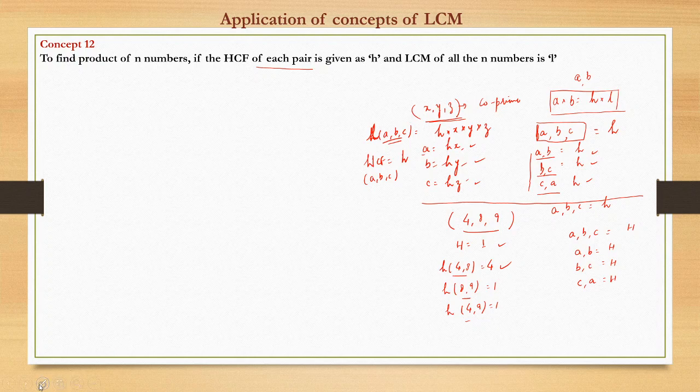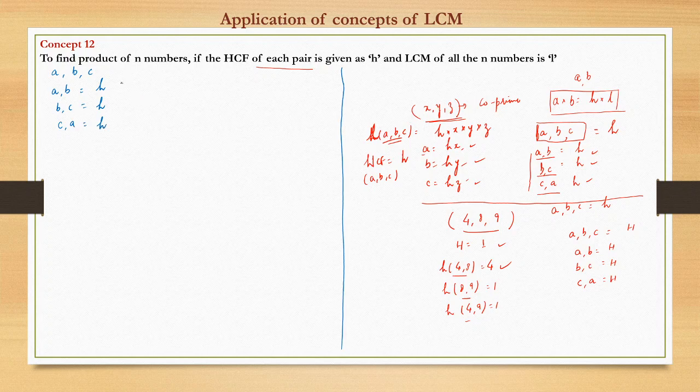Now we will look into this concept. This is just for understanding purposes, the right hand side. We'll now see the concept here. If it says the HCF of each pair is given as H, suppose three numbers are there, A, B, C. The HCF of AB is H, the HCF of BC is H, and the HCF of CA is H. That is given.